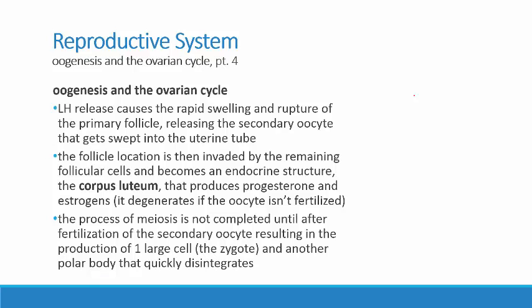And so the follicle will rupture, and it releases this secondary oocyte. And if things go well, that oocyte will be drawn into the uterine tubes by the cilia that are waving inside the uterine tube. They make a current that draws that secondary oocyte into the uterine tube.